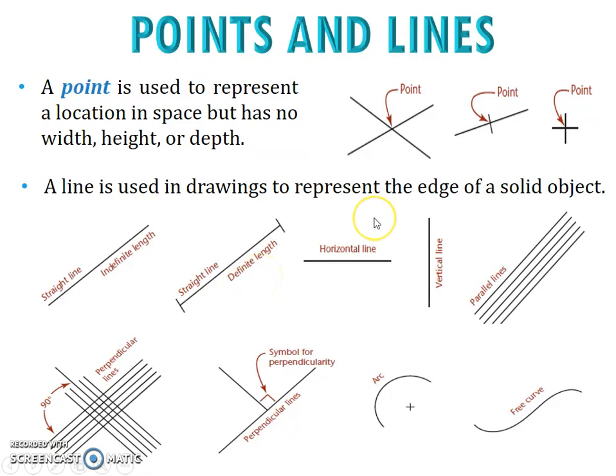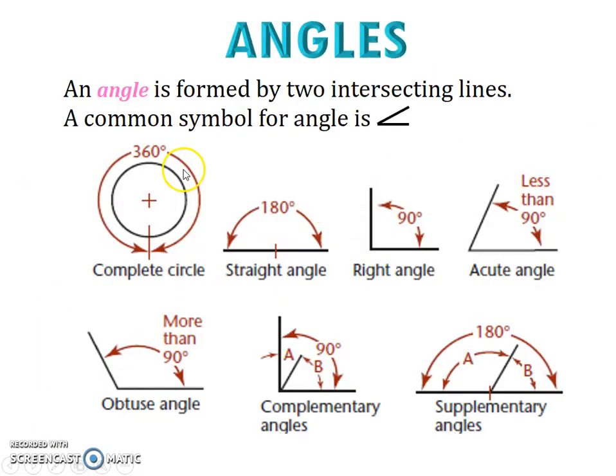Apart from points and lines, we also have angles. These are the common angles used in geometrical construction. You have 360, which we call a complete circle. Straight angle is 180 degrees, right angle is 90 degrees, and less than 90 degrees is called an acute angle.